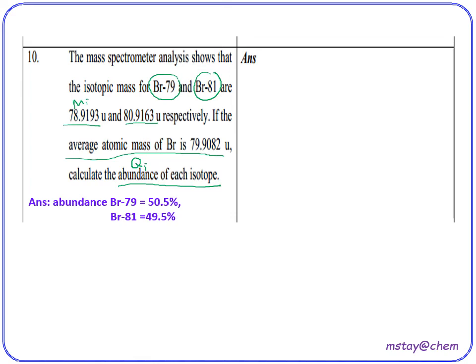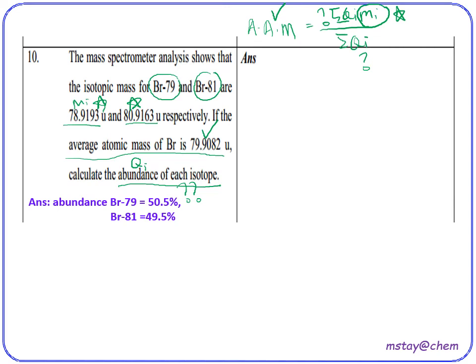So the formula that we are going to use in this question is average atomic mass equals the sum of mass times abundance over the sum of abundance. The average atomic mass is given, and the masses are also given in the question. So abundance is the unknown, which is what the question asks us to find. In one formula there is one unknown, so it is workable.